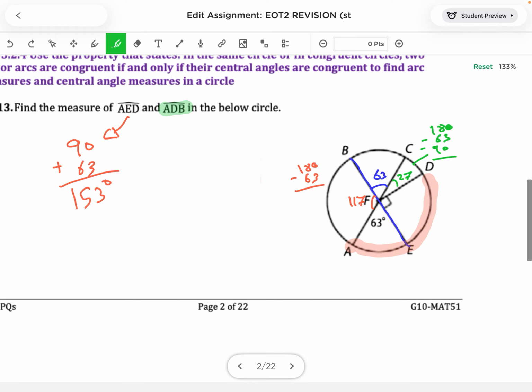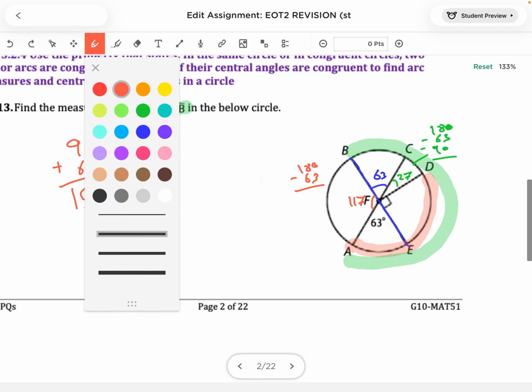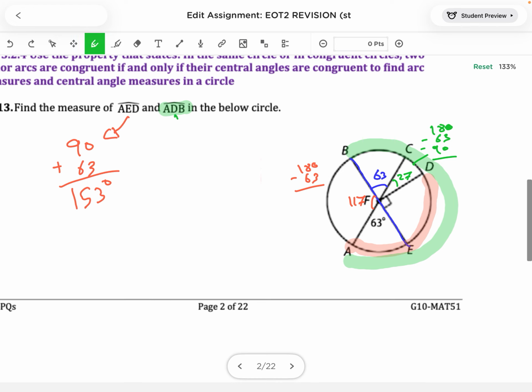They need this, which is the whole circle minus 117. 360 minus 117, which is 243 degrees. Okay.